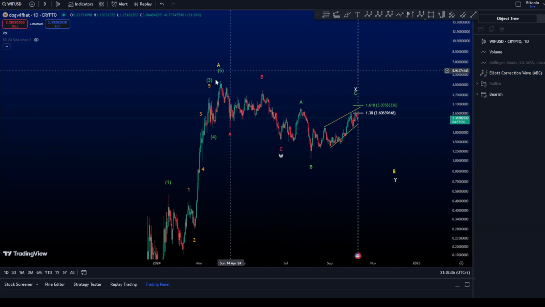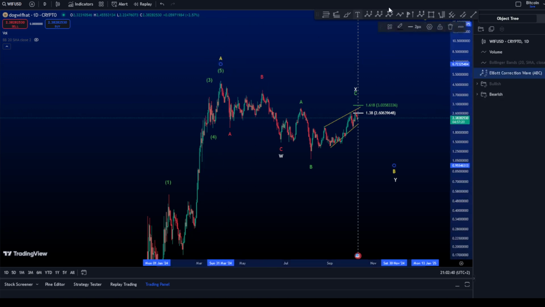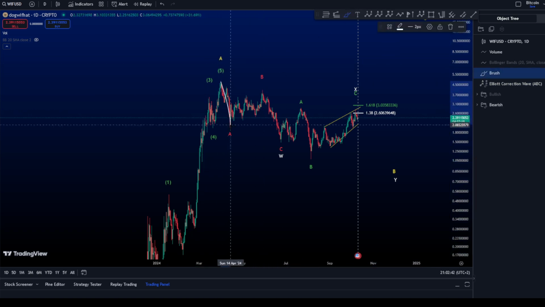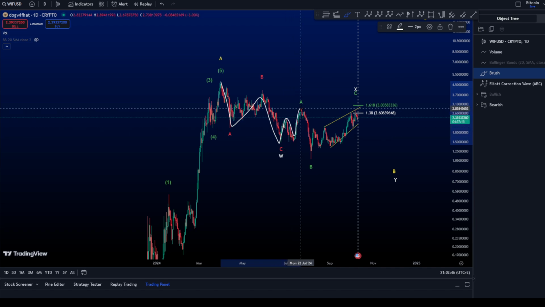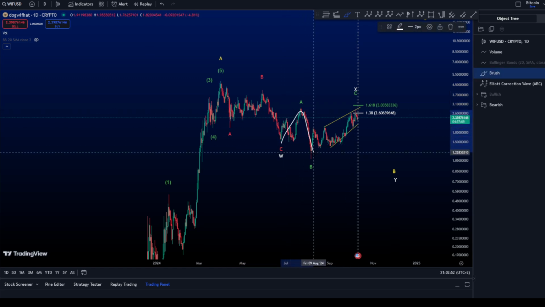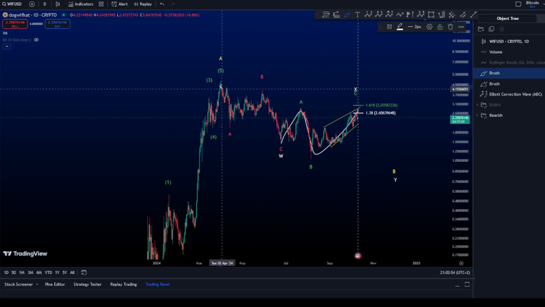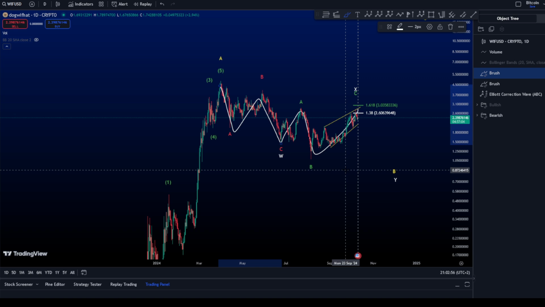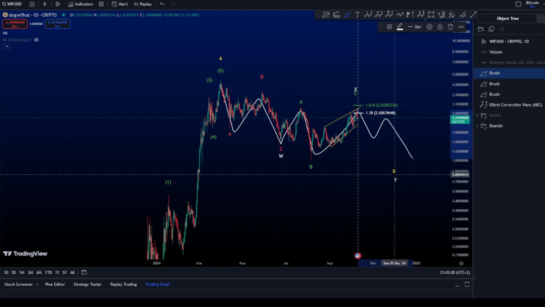So what we are looking at is an A, B, and a C: 3 waves for your A, 3 waves for your B, and a finished wave C here. So by all means, you have finished an expanding flat after a zigzag, a double structure, and you still need one more structure to finish this correction.